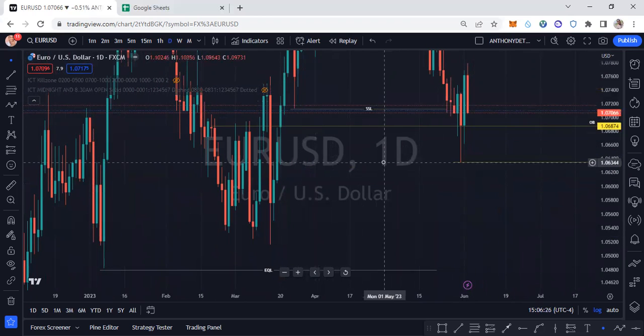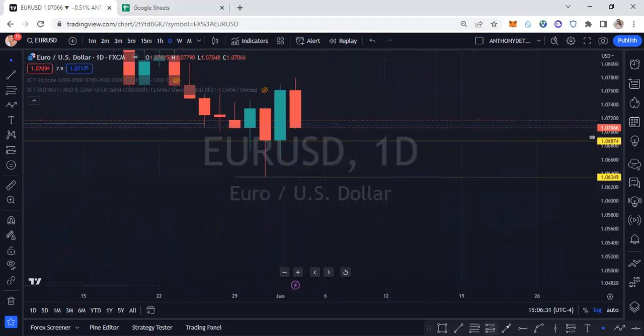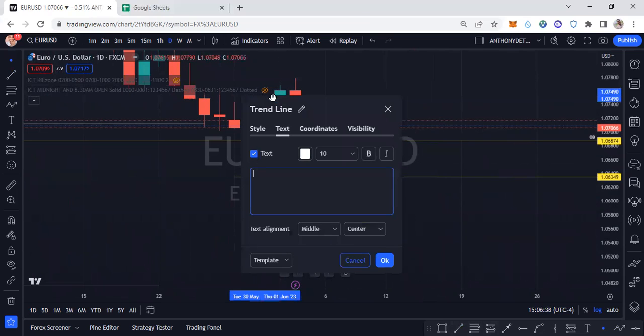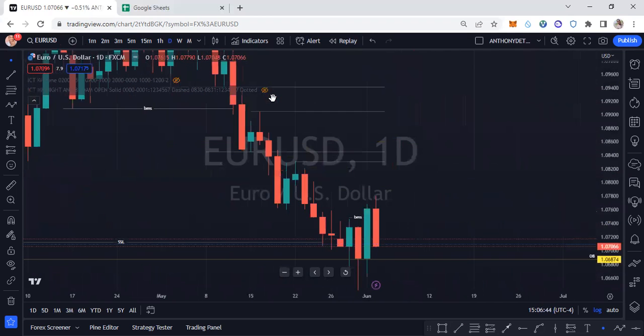Price traded into it, then gave a BMX here by taking out this swing high. So price took out this BMX here.